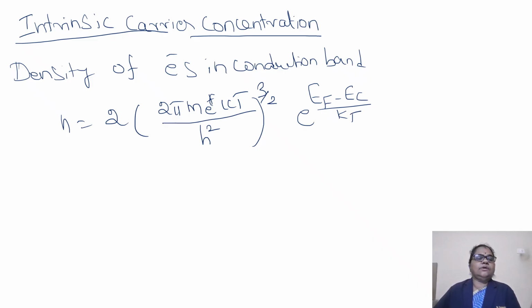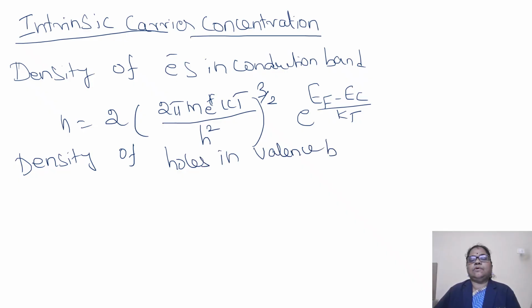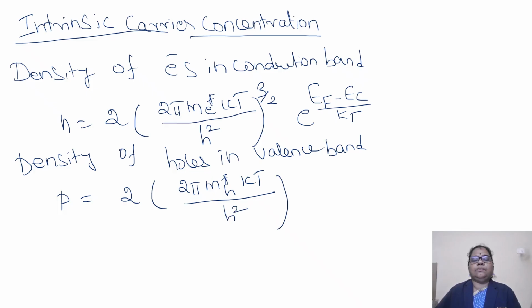And also we know the density of holes in the valence band, P, that is equal to 2 which is multiplied by (2 pi mh star kT by h square) to the power 3 by 2, which is multiplied by e to the power (Ev minus Ef) by kT. So these two are already derived.